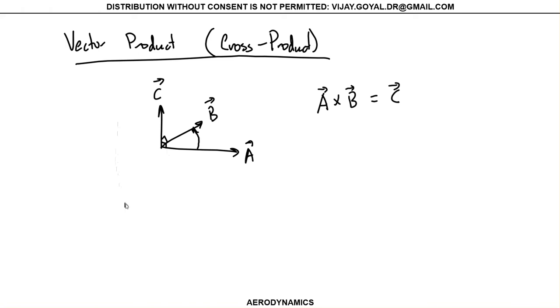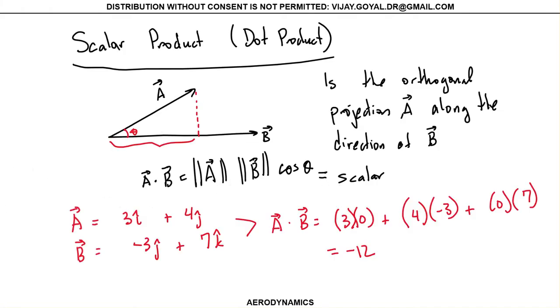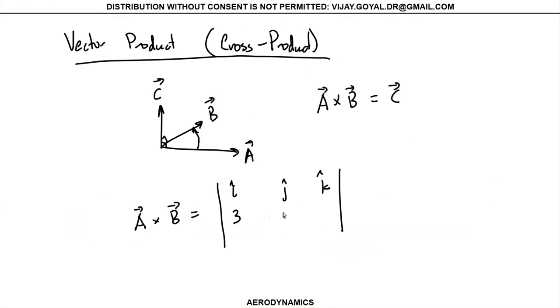One example of this: if we use the same vectors that we have been working with, and we are working with Cartesian coordinates, then this gives you I, J, and K, and your vector A was 3 and 4, so I put 3, 4 and 0.